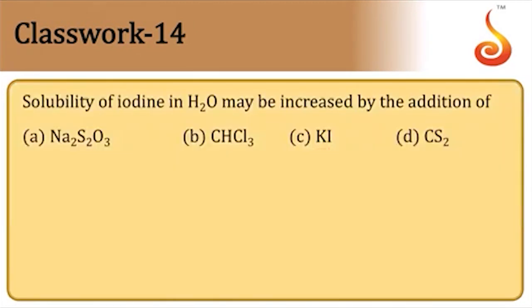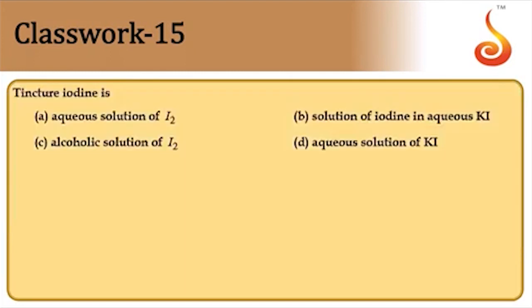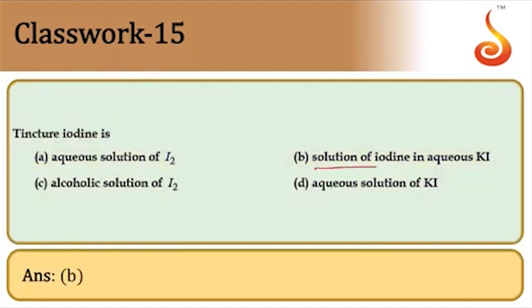That is option C. Then the next question is the 15th one: tincture of iodine is. The direct question. Tincture of iodine is a solution of iodine dissolved in potassium iodide. So the answer is option B.